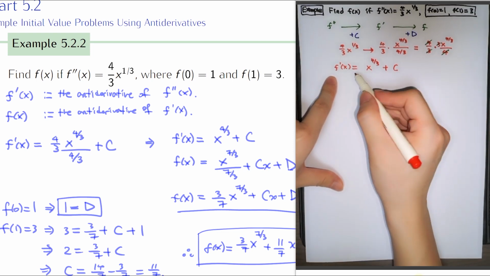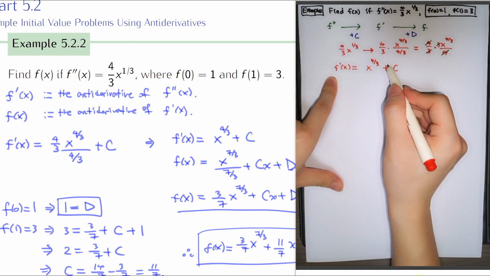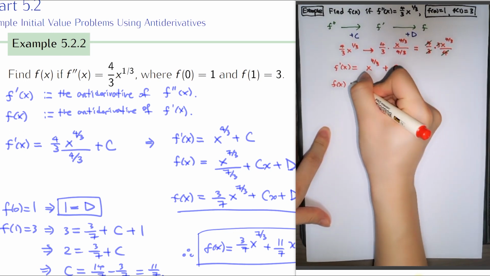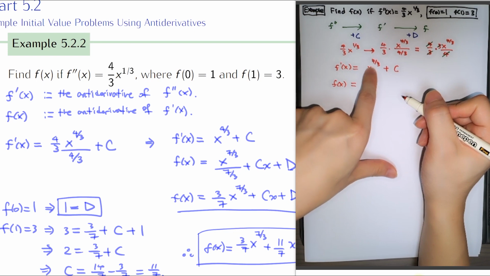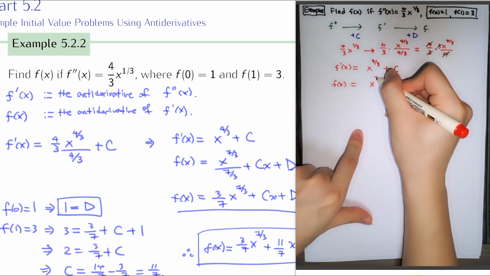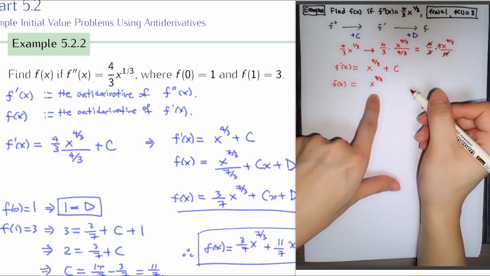Our goal is to find the f. In other words, you need to take the antidifferentiation once more, and please do not forget about d at the end. So, like so. F of x is equal to the antiderivative of x to the power of 4/3, which becomes x to the power of 7 over 3, and then the new power becomes the denominator.